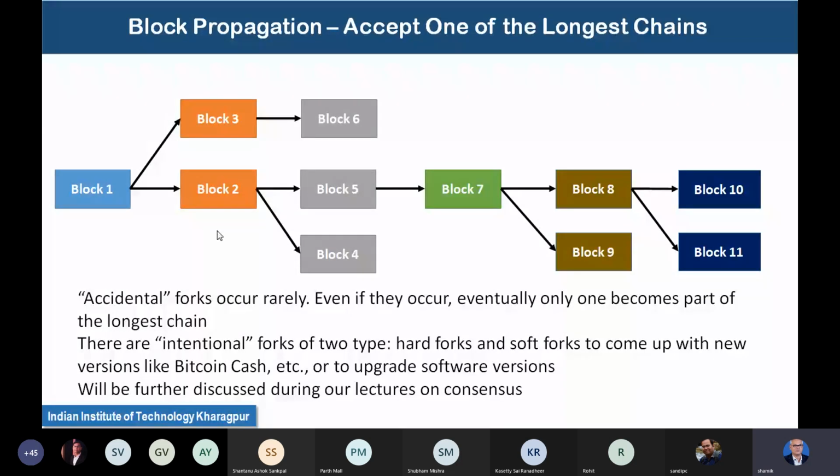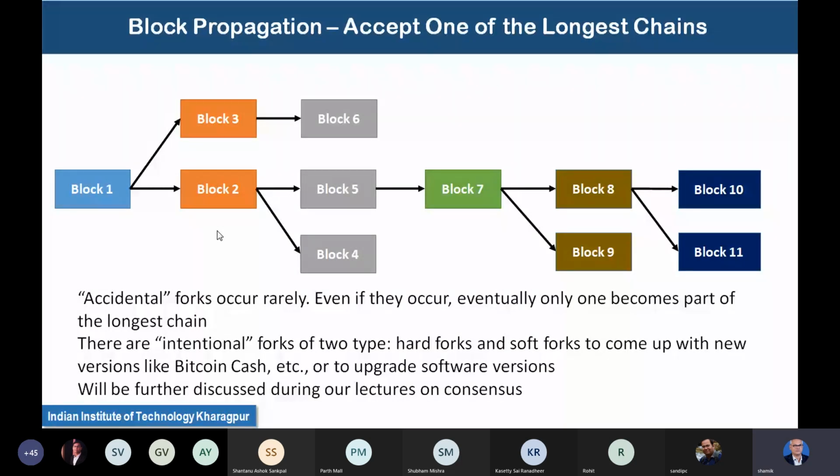They decide, let us form a group and diverge out of the main Bitcoin chain. Then they create what is called a hard fork, like the hard fork that was created for another type of cryptocurrency, Bitcoin Cash, and then they keep on working on that newly created fork.